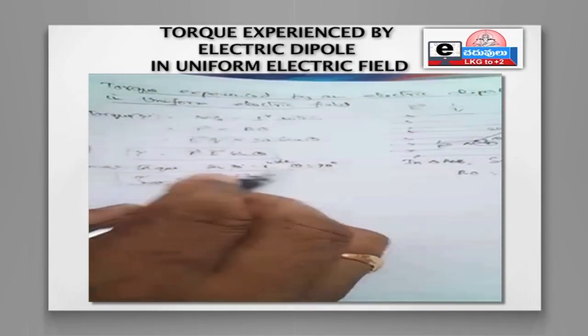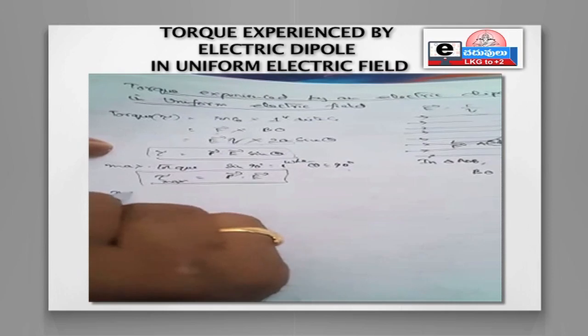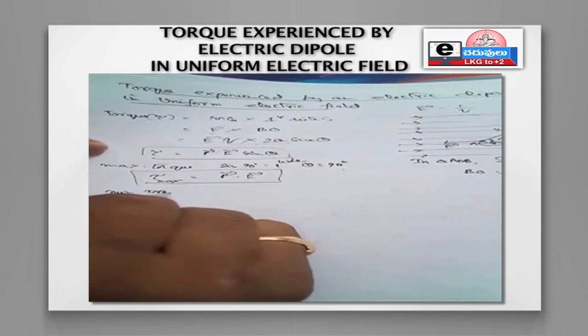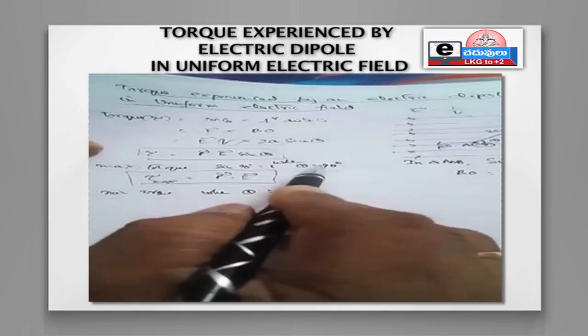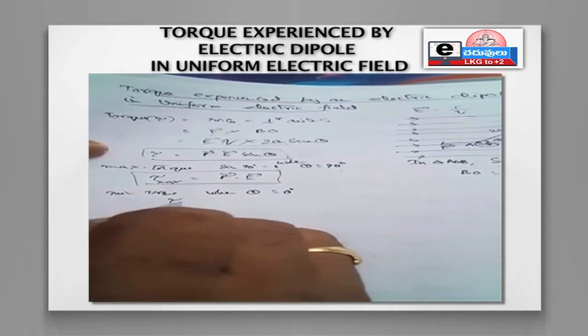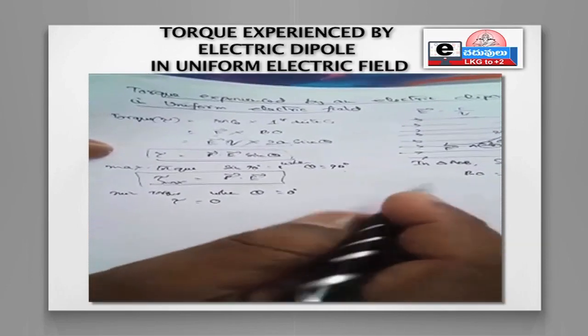Now, what about the minimum one? Minimum torque or zero torque you are going to get when theta is equal to 0 degrees. Sin 0 is equal to 0, therefore torque becomes 0 in that case. When theta is equal to 0, torque becomes 0.